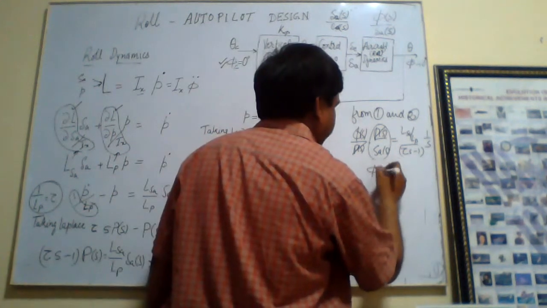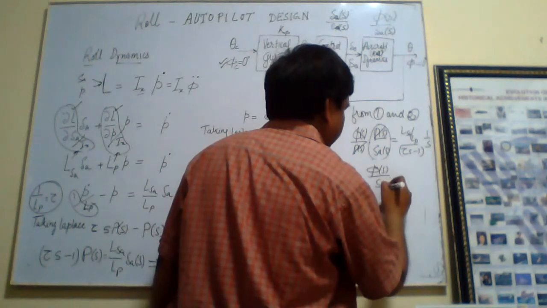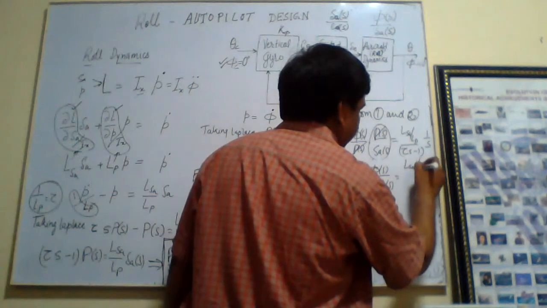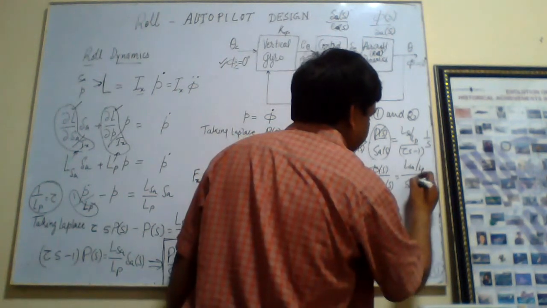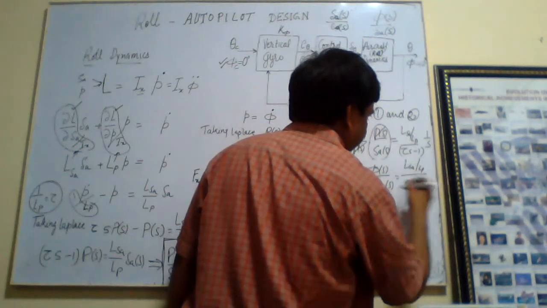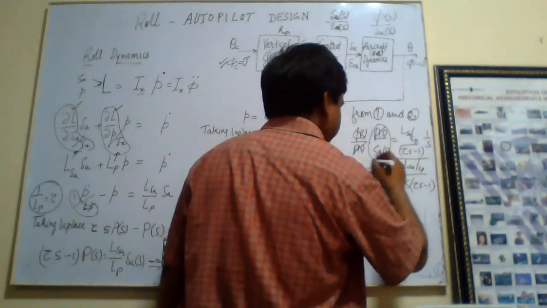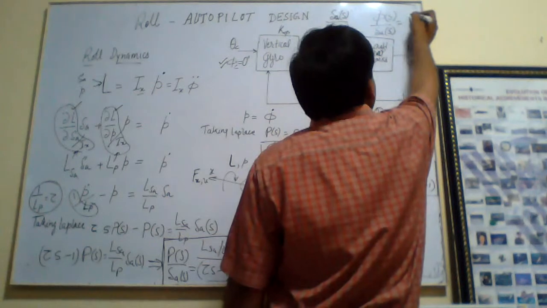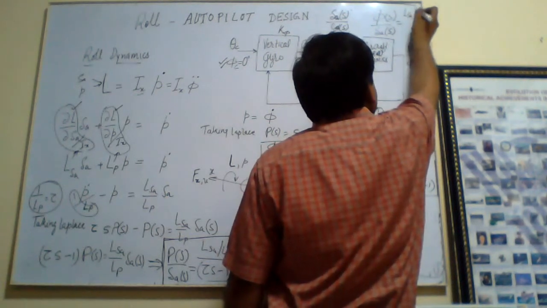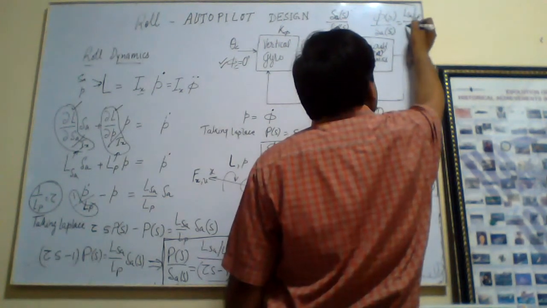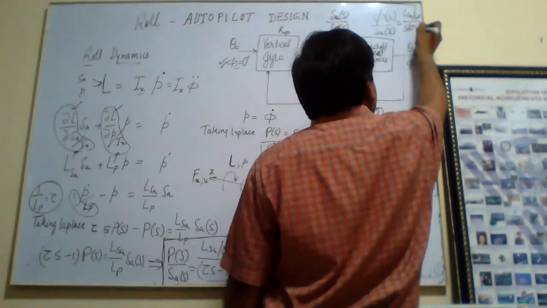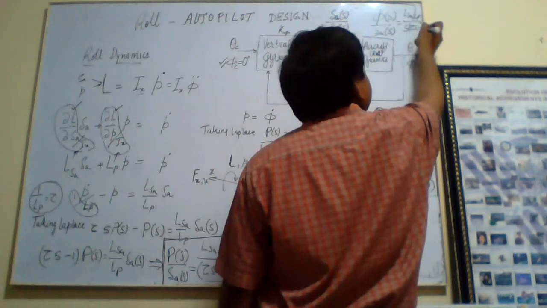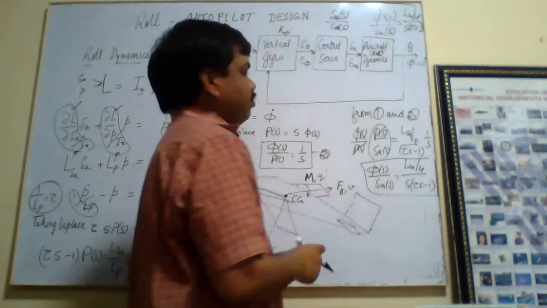Del A of Phi S over del A of S is equal to L del A over Lp divided by s times tau of s minus 1. So I have got this L del A over Lp divided by s times tau s minus 1.